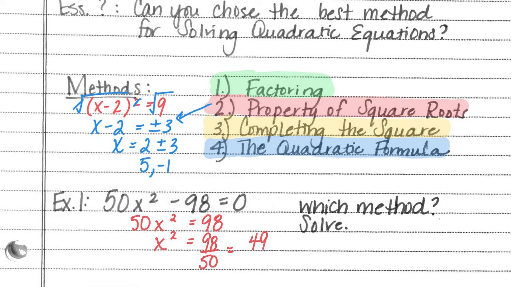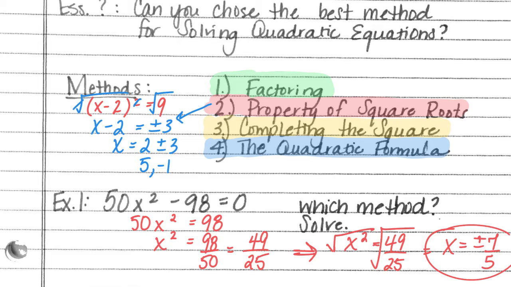This would be 49 over 25. X squared equals 49 over 25. When I take the square root of each side, I get x is equal to plus or minus 7 over 5. How you doing on that one? That should be fairly easy for you.